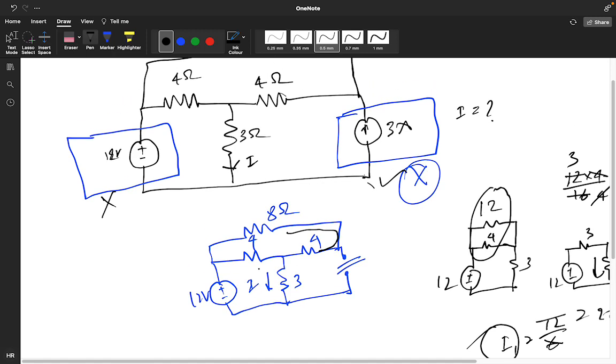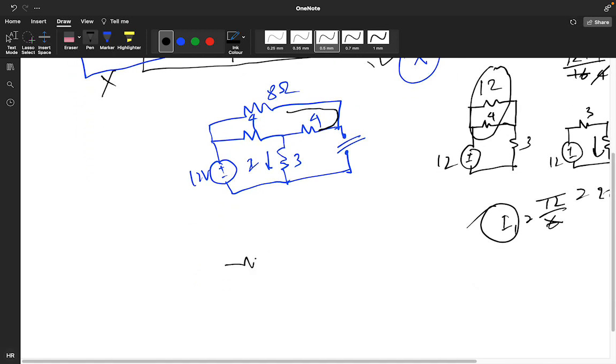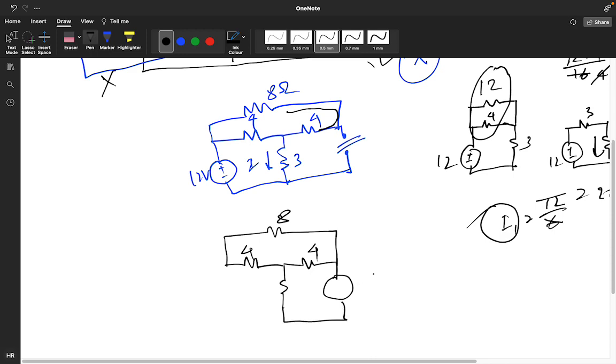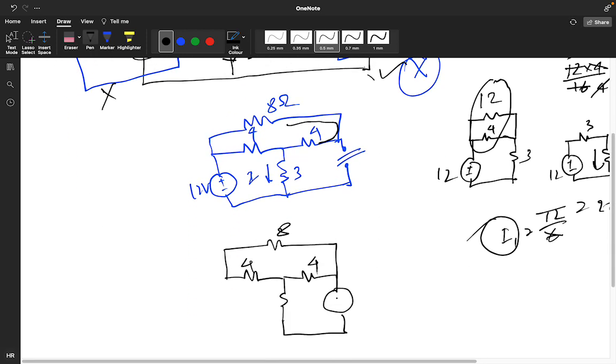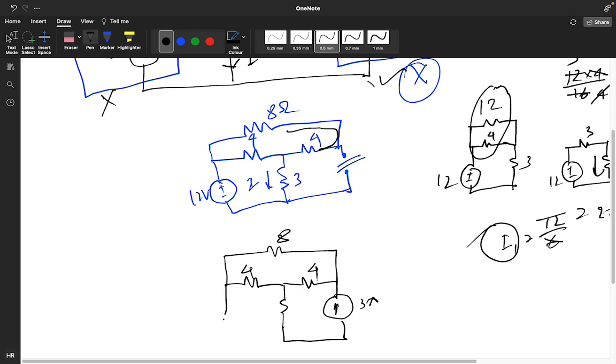If you do this, this is your 4, this is 3, this particular one is 4, this is your 8 only, and it's activated, so it will remain like this, and 3 ampere. Deactivation of a voltage source means what? It will be a short circuit. So it becomes a short circuit like this. This is 3.